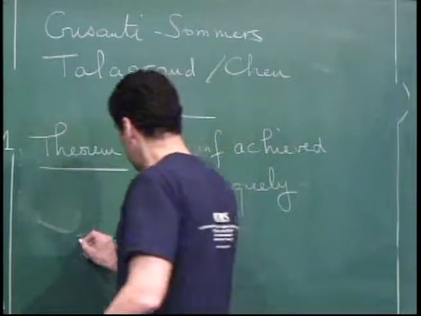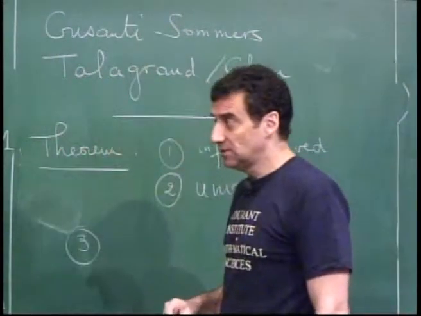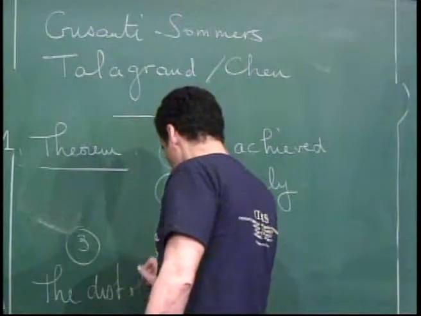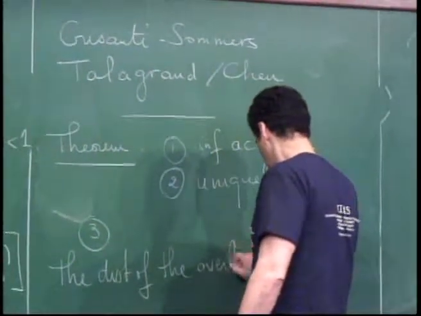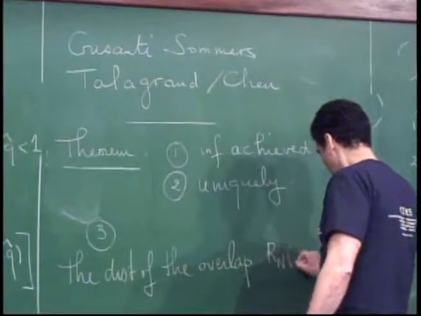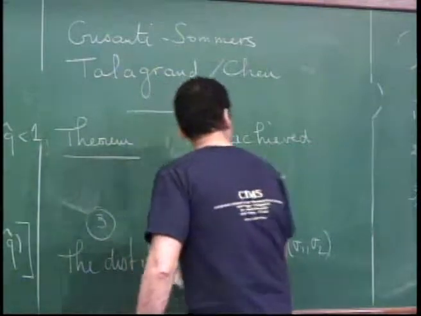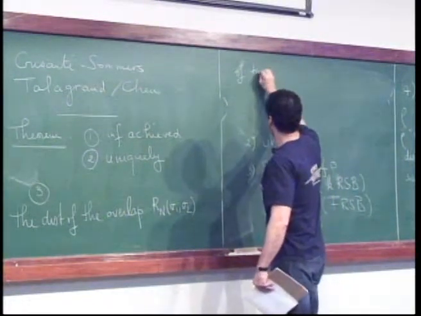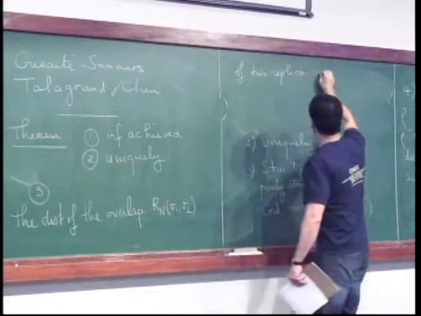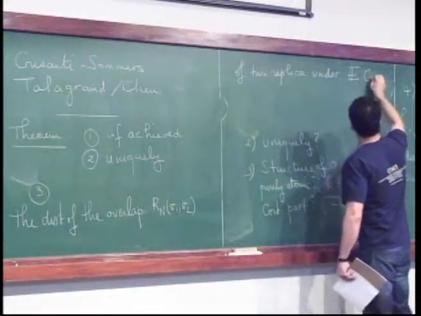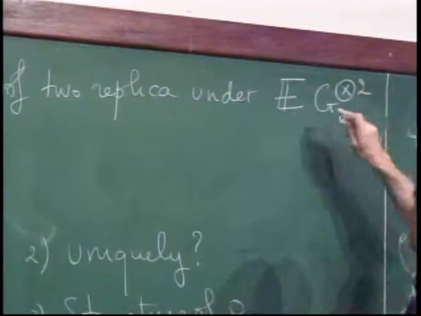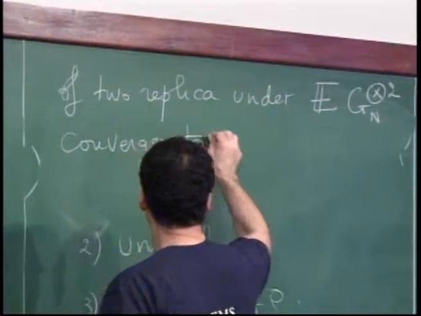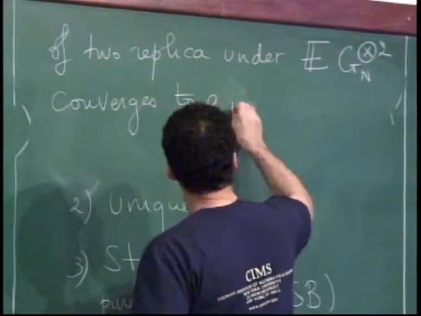And third, under a certain condition that I will mention quickly, the distribution of the overlap of two replicas under the Gibbs measure squared, and then you take the mean, converges to rho, where the minimum is achieved.